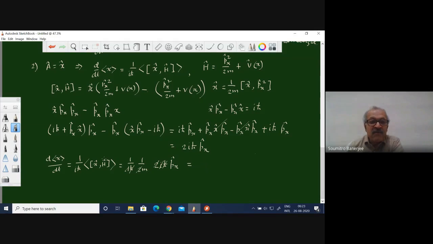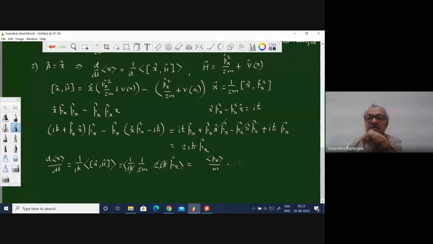Well, it is this part, so its value we have to calculate. This is the expectation value of px by m. This is the first Ehrenfest theorem.